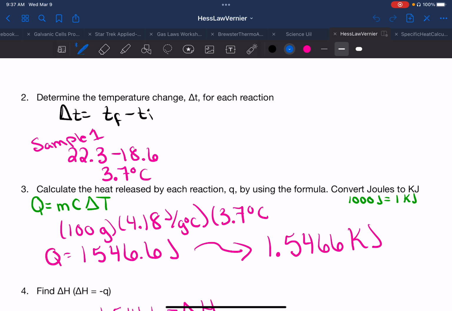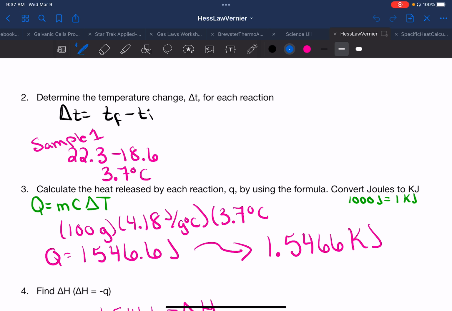My mass for my water, since it was 100 milliliters, is 100 grams. The C for water is 4.18 joules per gram degrees Celsius. My change in temperature was 3.7 from above. So when I take 100 times 4.18 times 3.7, I get 1546.6 joules. Notice the question says to convert the joules to kilojoules.